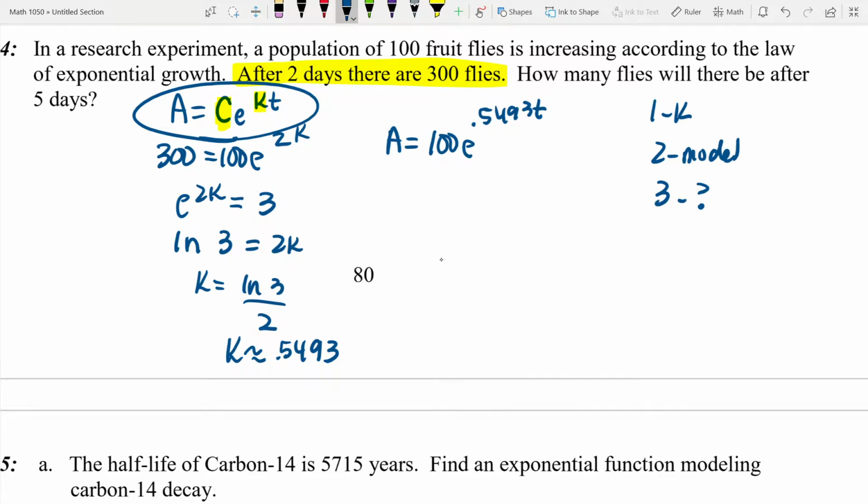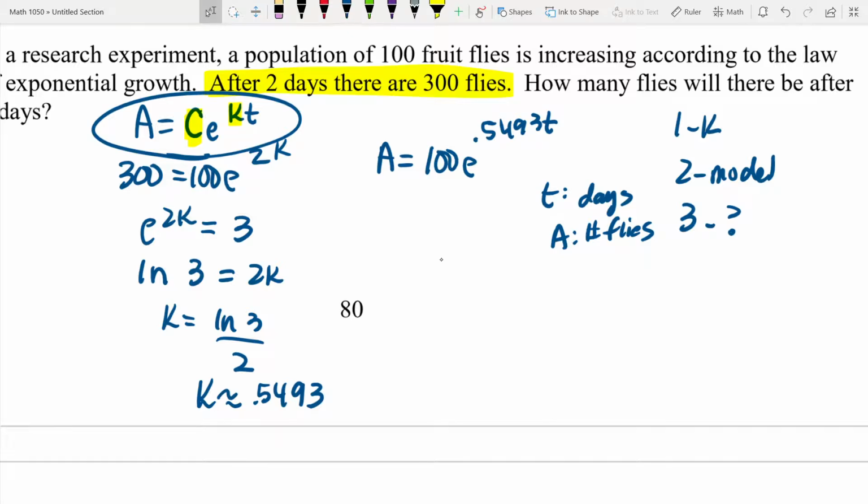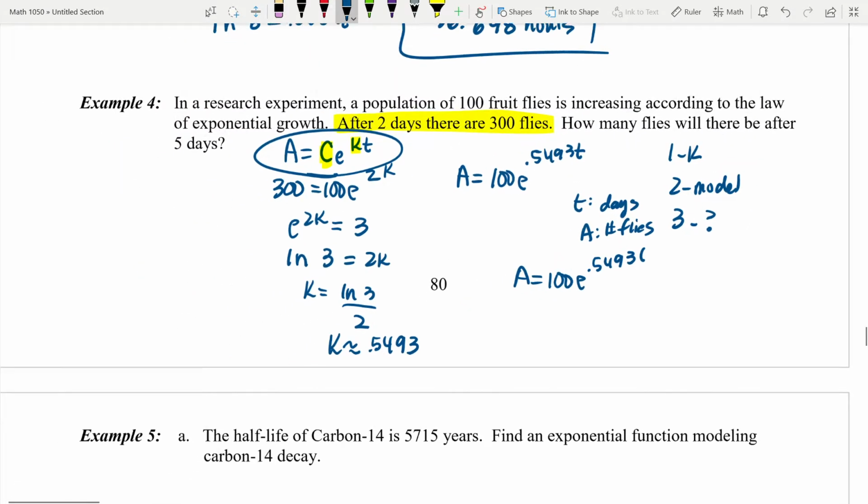So T stands for days, and A stands for the number of flies. How many flies will there be after 5 days? Where do I put my 5? In for A or in for T? In for T, right? T is days. So everybody say A equals 100e to the 0.5493 times 5.